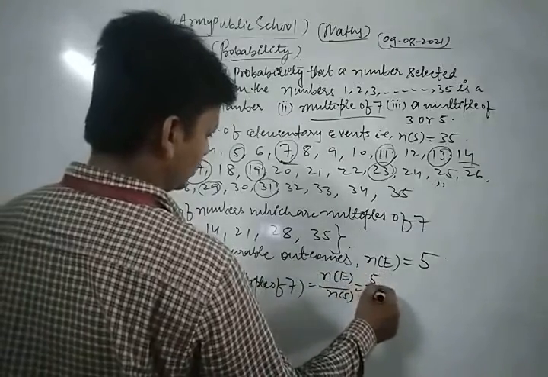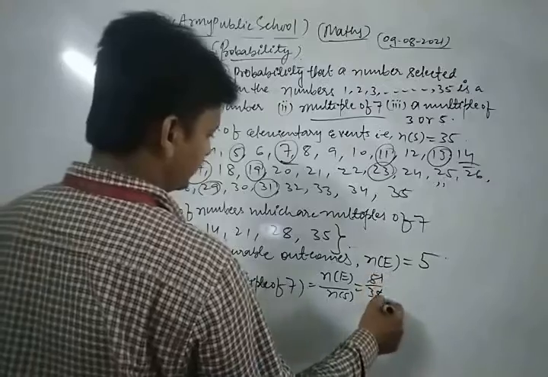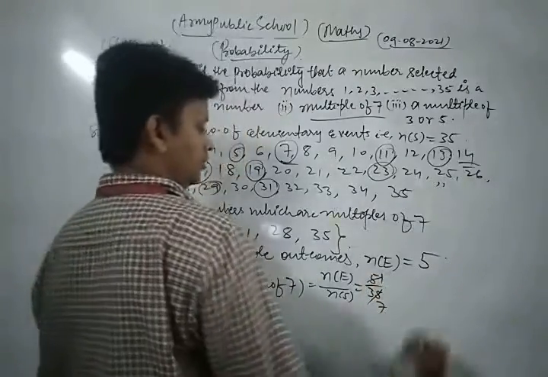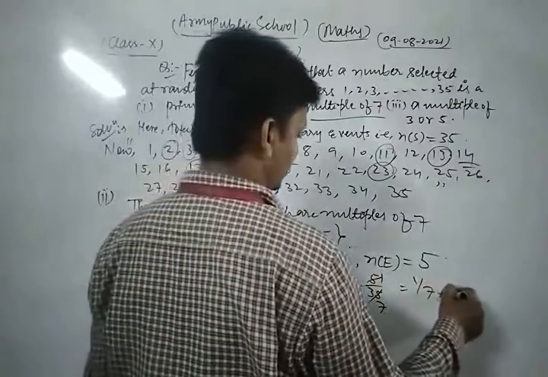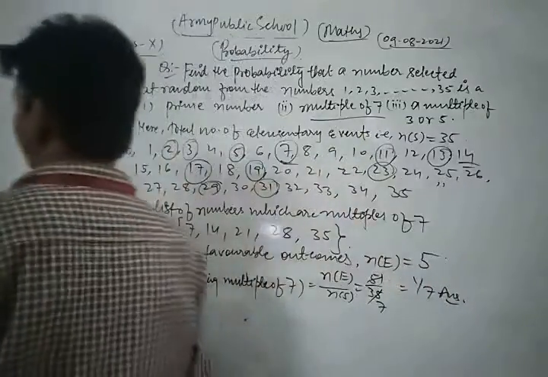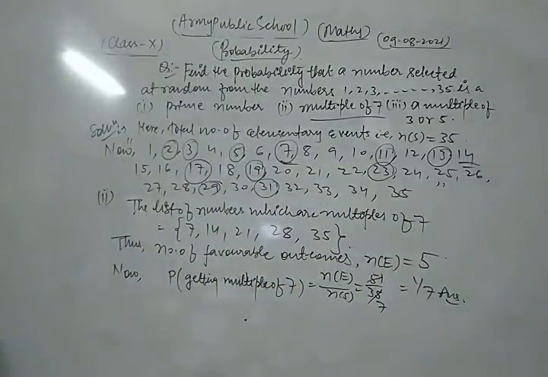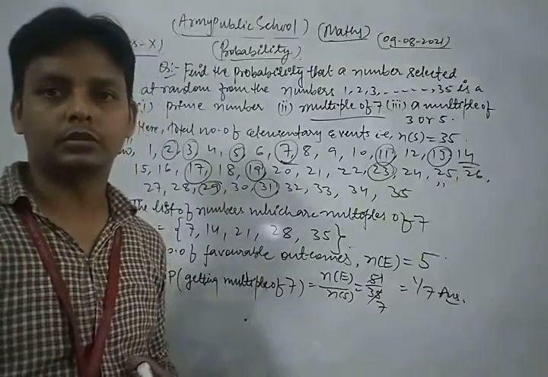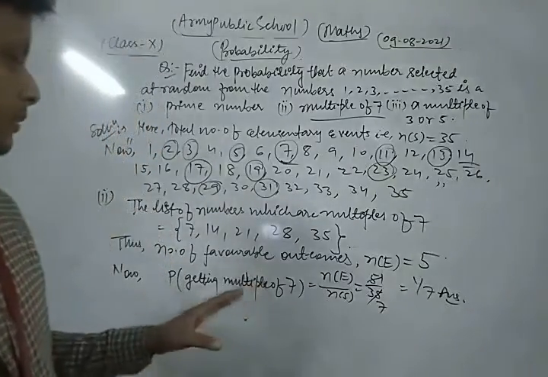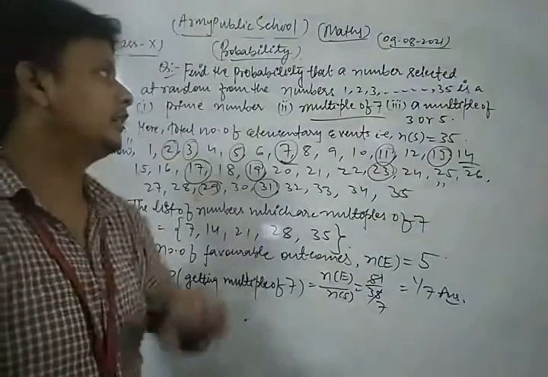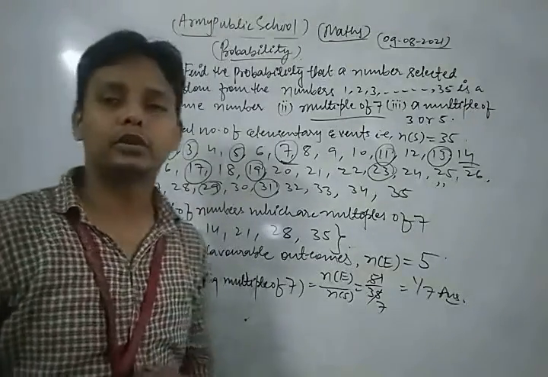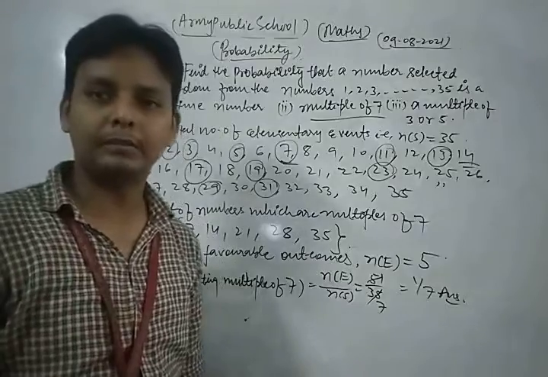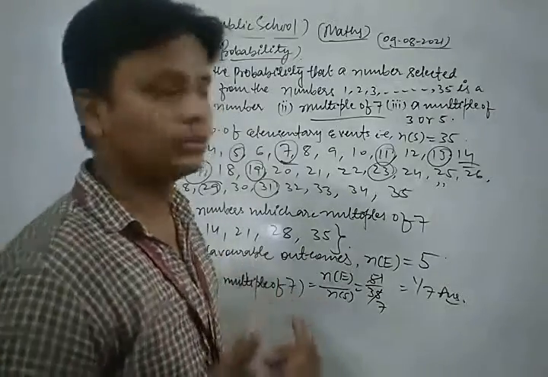This is 5 upon 35, 5 sevens are 35. So the required solution is 1 upon 7. This is the probability of getting a multiple of 7 when we choose a number at random from 1 to 35.